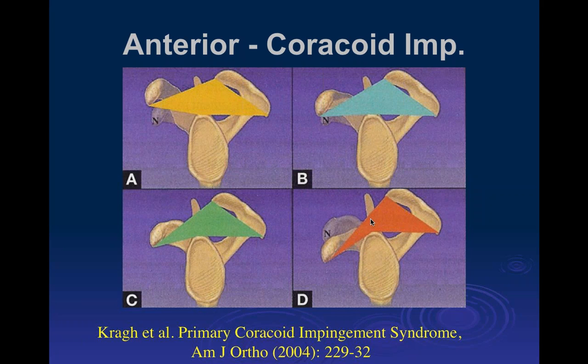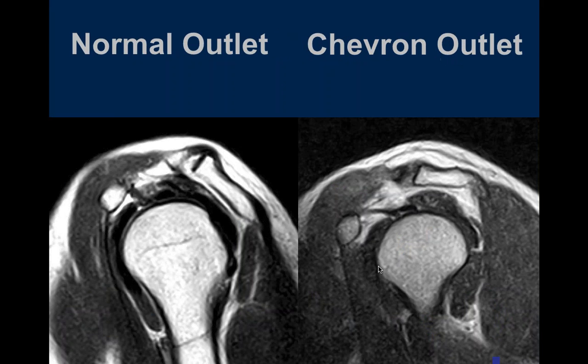So one thing to look for, as they called it, was a chevron sign. If you draw a quadrilateral space here from the anterior acromion in the oblique sagittal plane down to the coracoid process, to the superior margin of the glenoid, and back to the posterior acromion process, and this has a very prominent break on the undersurface like this, that's the chevron sign, and these patients may be at risk for anterior impingement.